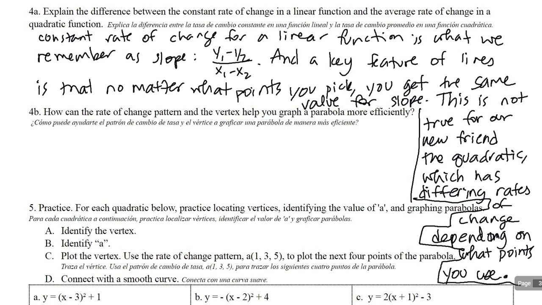Okay, how can the rate of change pattern and the vertex help us graph a parabola more efficiently?